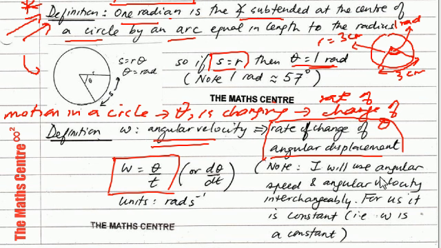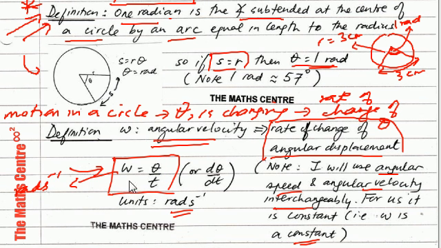Now I will use angular speed and angular velocity interchangeably in my videos. Just remember that for us omega is constant, it is unchanging. Please take note, omega is the angular velocity and the units are radian per second. Omega is given as radian per second because theta is measured in radians, time is measured in seconds, so we have omega measured in radian per second.